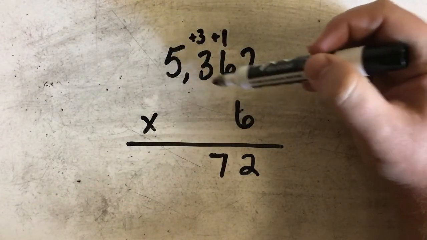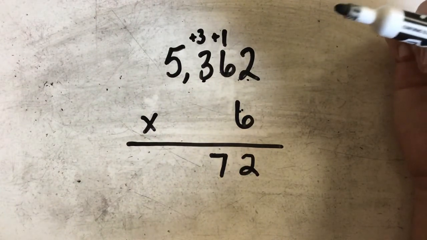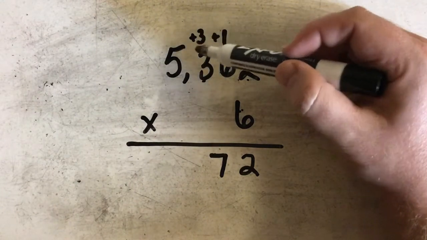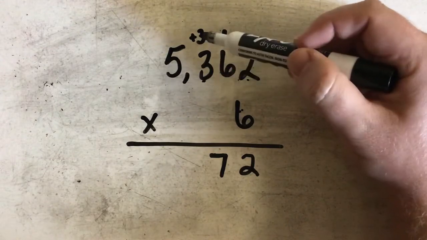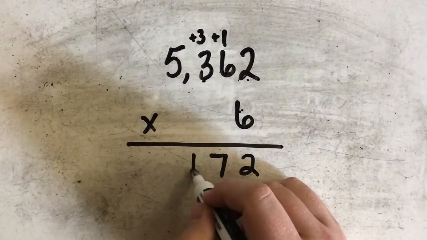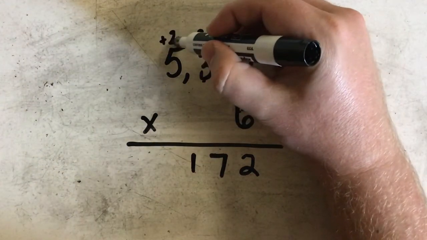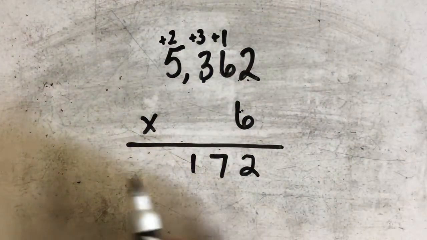Continuing multiplying, 6 times 3 would give me 18, but I need to remember to add what I carried over, so 18 plus 3 would give me 21. So I'm going to bring my 1 down below, and plus 2 up above the next spot.